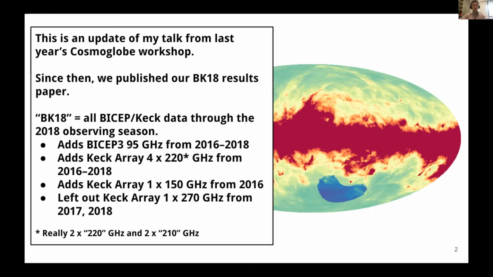So there is that data in the can. The 2017 data is probably not very useful, but the 2018 data we're looking at in more detail now. We think the answer is yes, this is a useful data set, and it is productive to observe at 270 gigahertz from the pole, at least for this low-ell B-mode science.